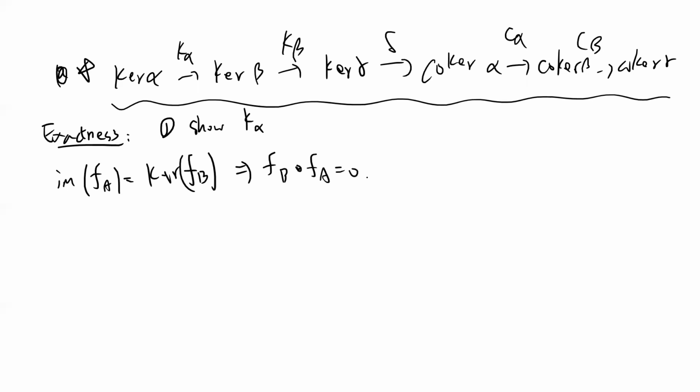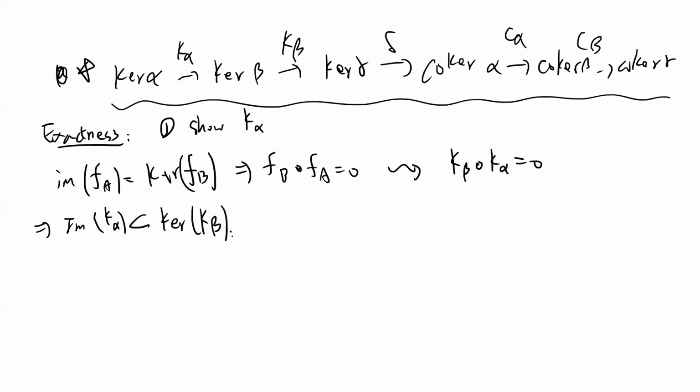That is trivial. So K beta K alpha is 0, because K beta K alpha is just the restriction of the map to the kernel. From here you know that the image of K alpha sits inside the kernel of K beta. This proves this part, but we still need to show that they are actually the same.